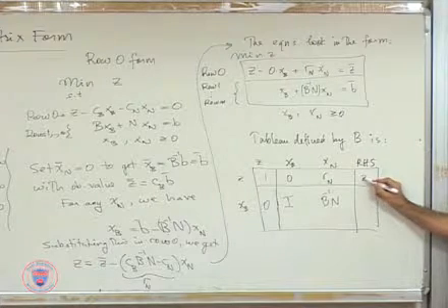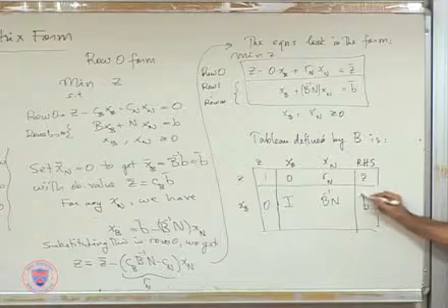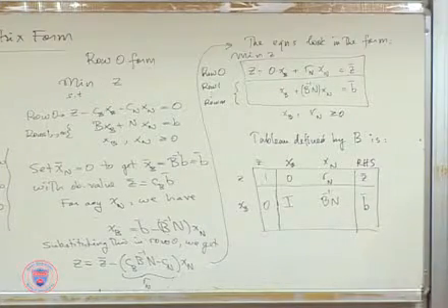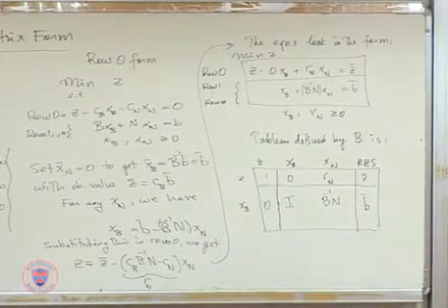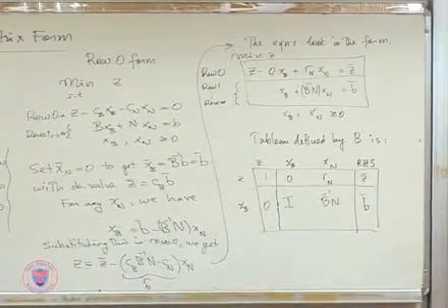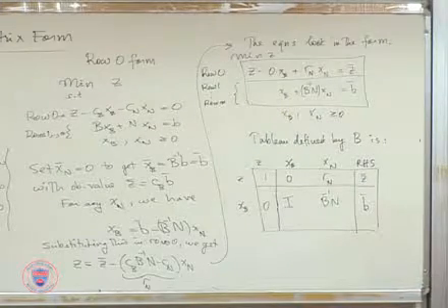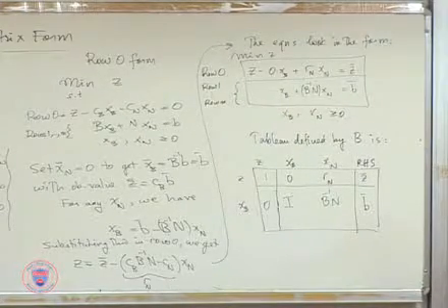The right-hand side column is the current value of the objective function z bar and the vector of current values for the basic variables, b bar. That's it. So this is what your simplex tableau houses. That's the basic information.